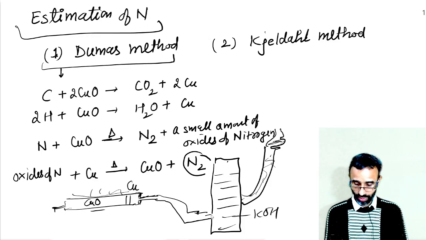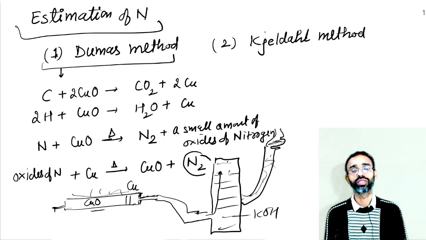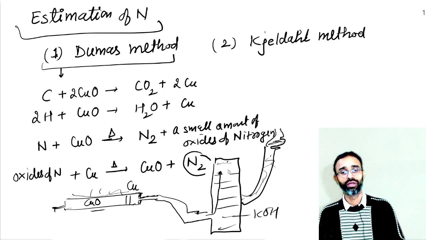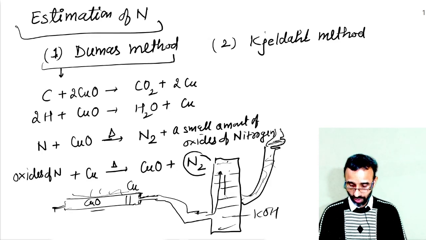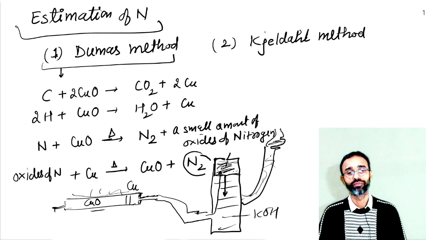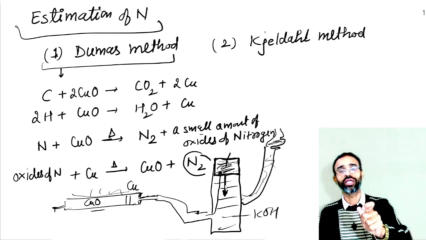So what happens when nitrogen gas is formed? Nitrogen gas is collected above the KOH in the cylinder because nitrogen gas is insoluble in KOH. So there is a downward movement of KOH as the pressure of nitrogen above KOH increases. The downward movement of KOH will give us an idea how much nitrogen gas is formed.